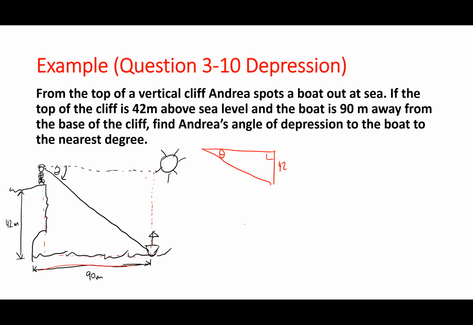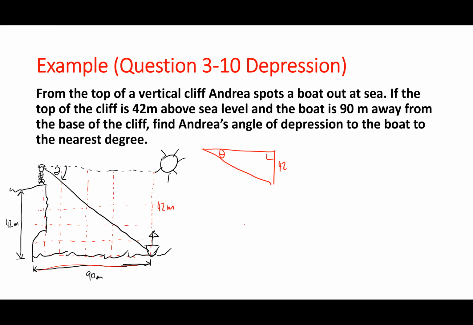The height from where she's looking down to the sea is always the same. So we can move that 42 meters to over here. And with the 90 meters, it doesn't matter whereabouts it is, except for the fact that our cliff has a massive gap in it, but the boat is always going to be 90 meters away. So we can put the 90 up there too.